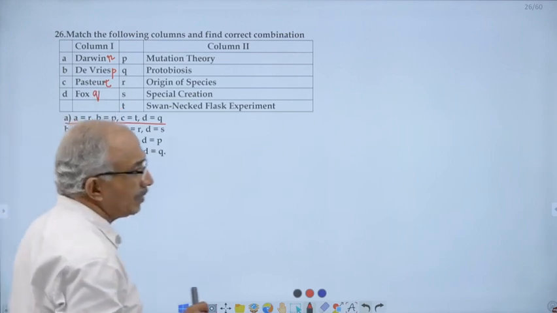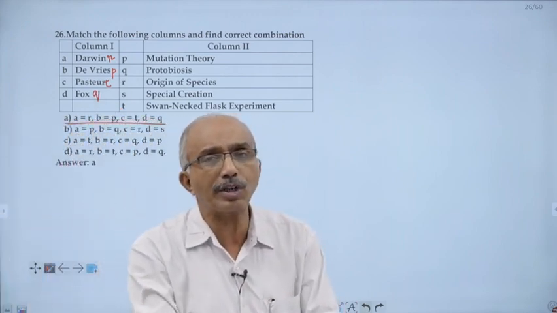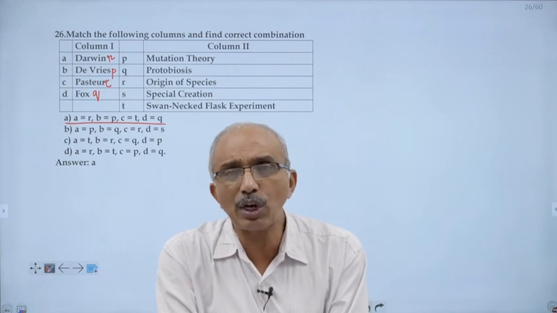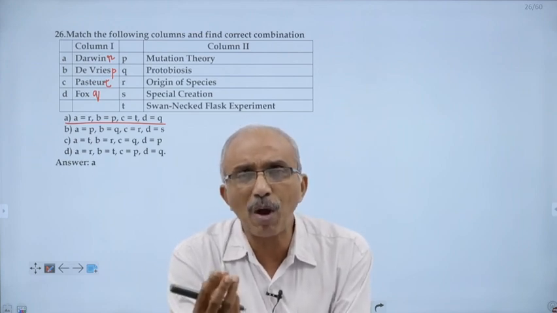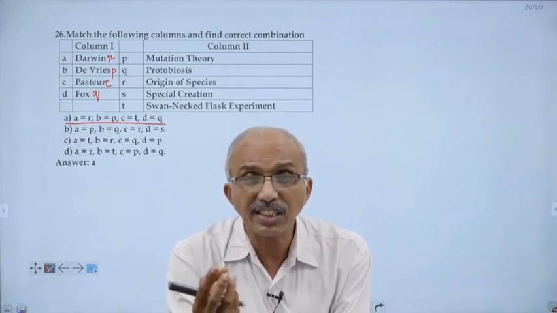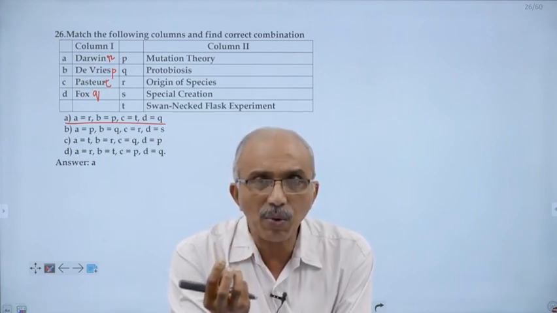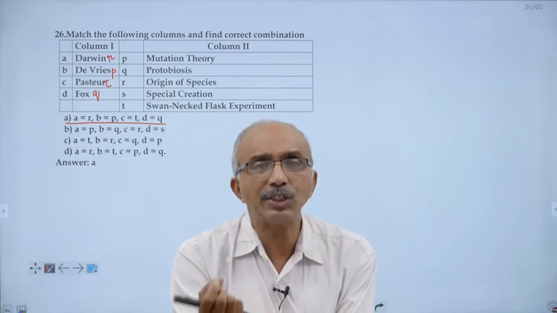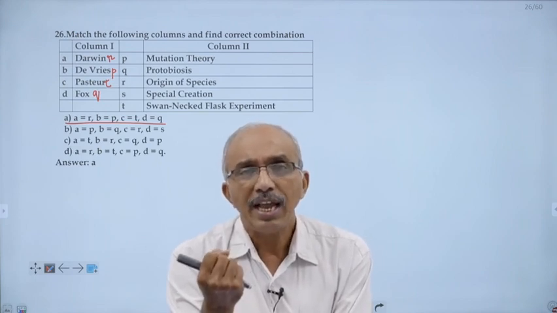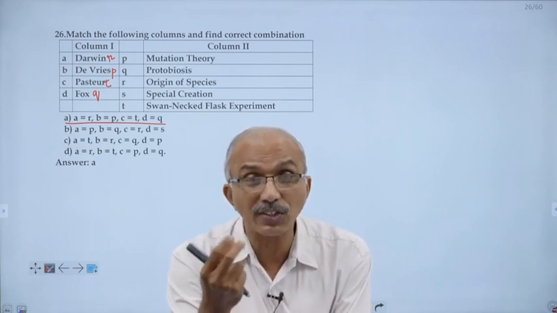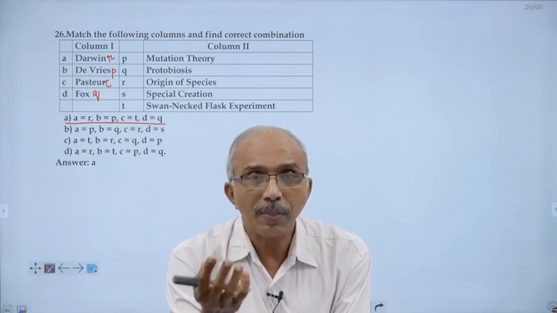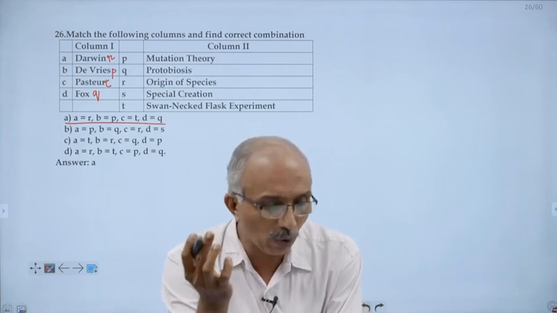Sidney Fox also supported chemical evolution of life in which small spheres are formed. The spheres have different combinations of organic molecules, and from these small spheres, protobios, the first life originated.